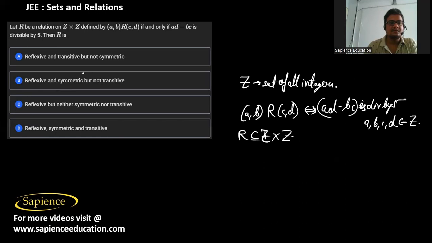Then R is reflexive and transitive but not symmetric. So we have to find if it is reflexive, symmetric, or transitive.